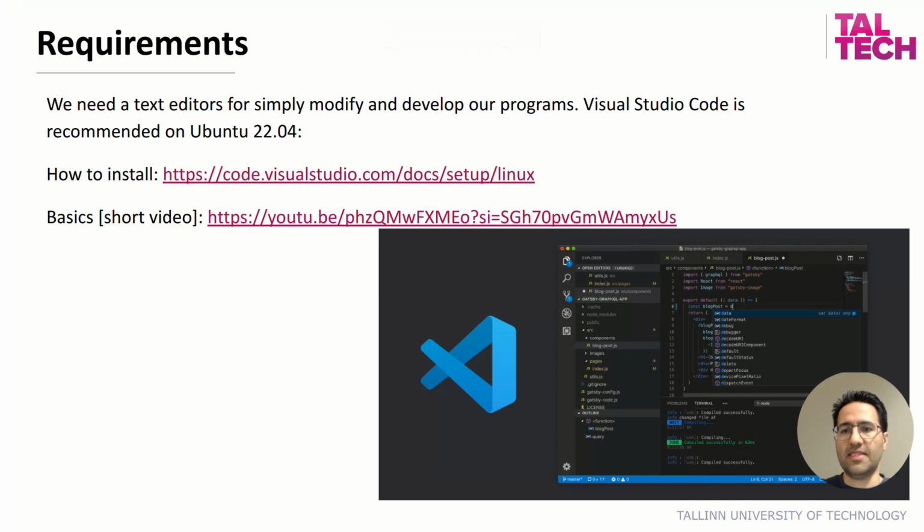Since we are going to write some programs here, it would be really good to use a text editor. There are many thousands of text editors, and maybe you can find some on Ubuntu, but I suggest using VS Code, which is really easy to use.